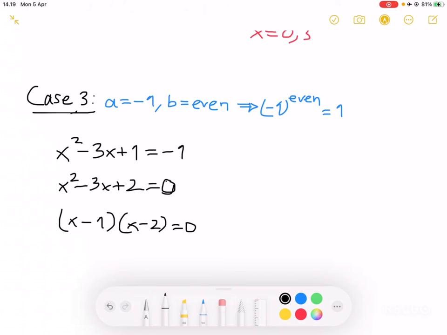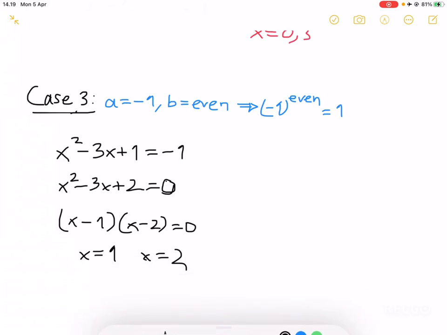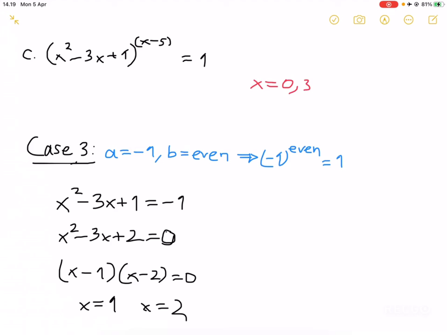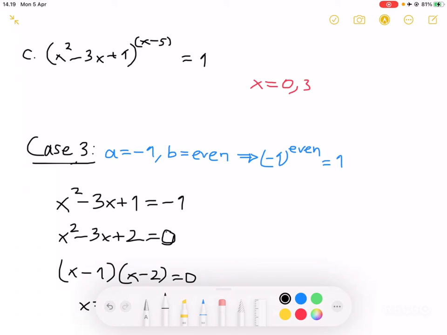That will give us x equals 1 and x equals 2. Now don't get too happy yet, because we need to check that the exponent is even. Let's plug into x minus 5. When x equals 1, the exponent will be 1 minus 5, which is negative 4, which is even, so we're good with this. However, when x equals 2, we're left with negative 3, which is obviously not even.